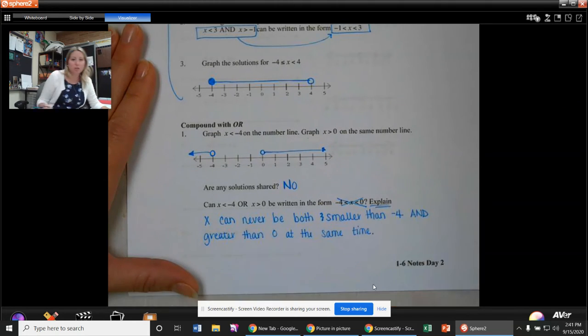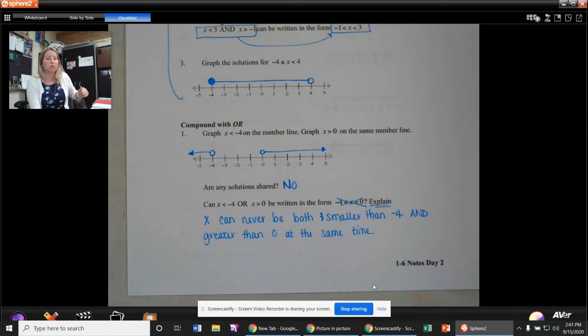Whenever we have explain, we need to use a sentence to explain. So a sentence full of nouns and verbs and a period at the end, right? Can never be both at the same time.